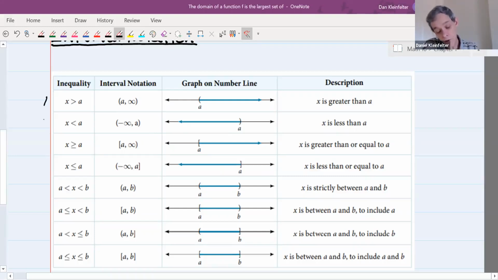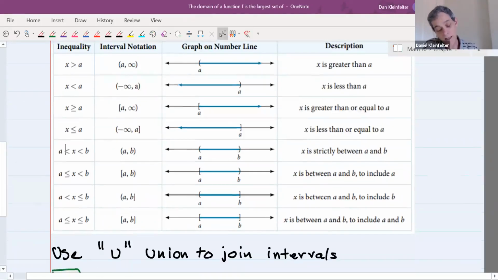The first four are what are called open-ended intervals because they extend off towards either positive or negative infinity. The second group of four are what are called bounded intervals because they have a finite or fixed start and end point. They start at a and end at b.